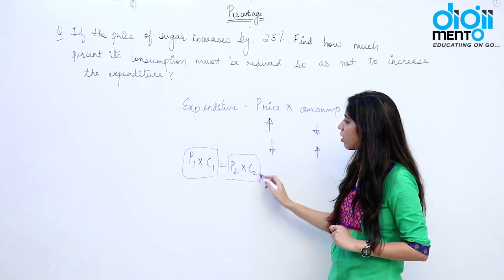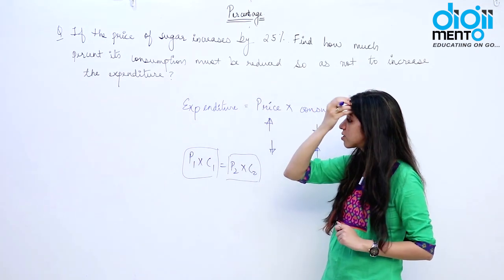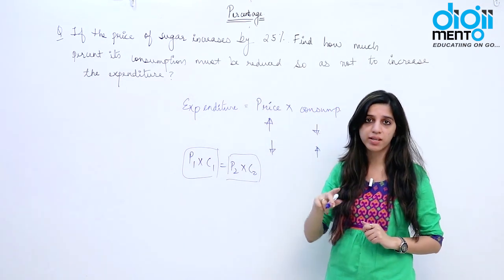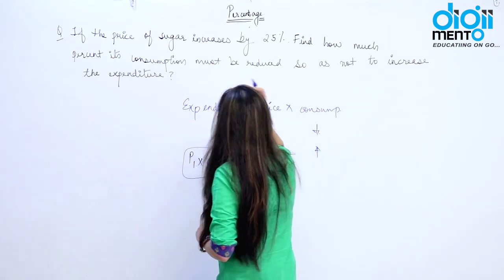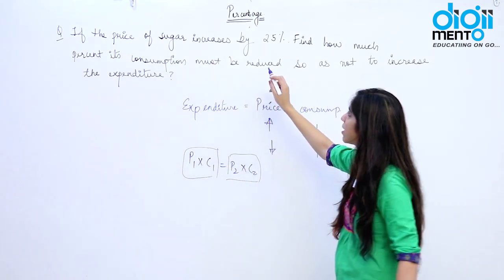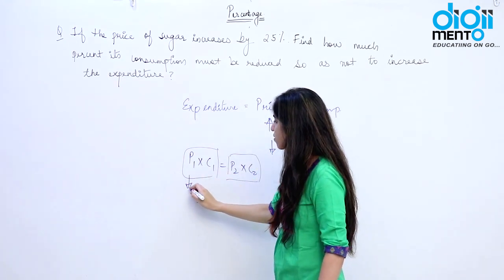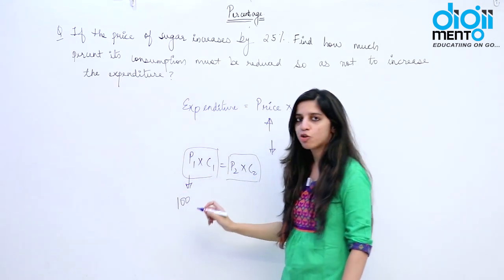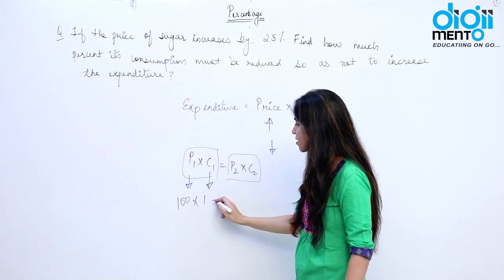Now they are going to give you values in percentages. As we have said, we assume one of the quantities to be 100, so that it is easier for us. If you look at this particular question, they say that the price of sugar increases by 25%. So I assume that initially the price of sugar was 100 rupees for 1 kg and consumption was 1 kg.